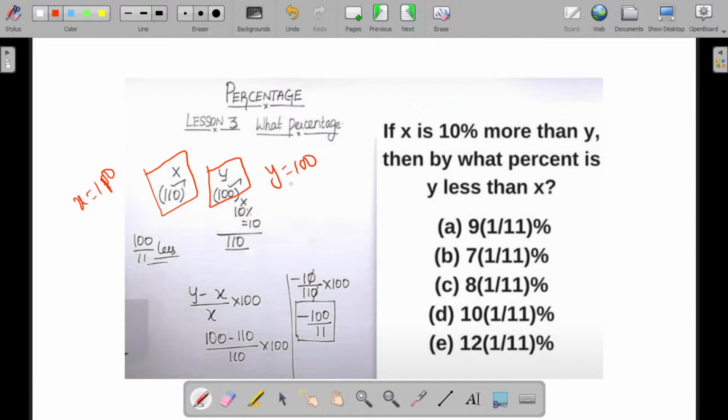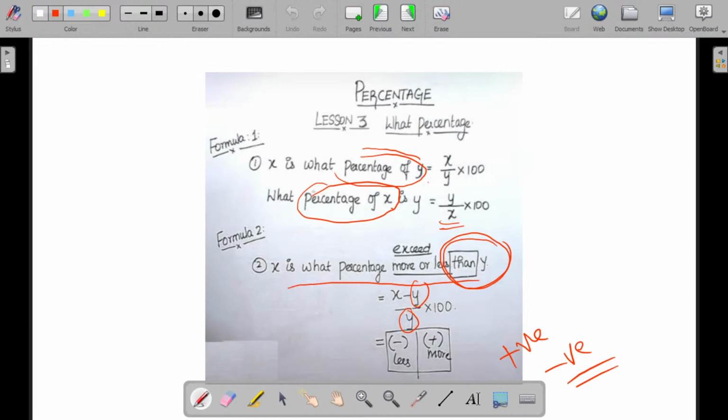Then by what percent is y less than x? We have our formula: x is what percentage more or less than y?